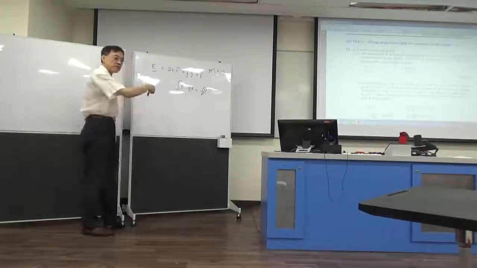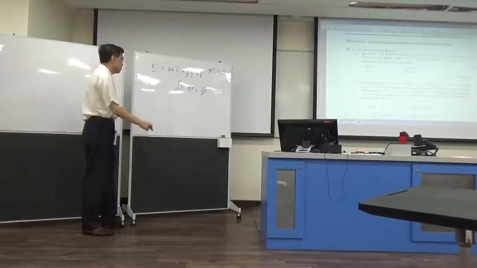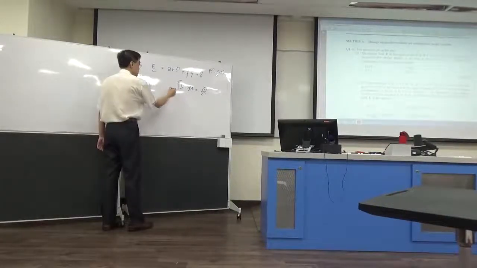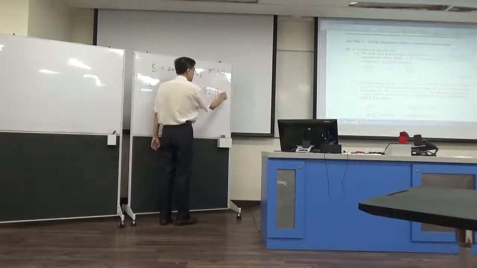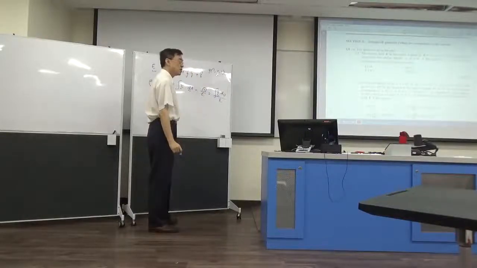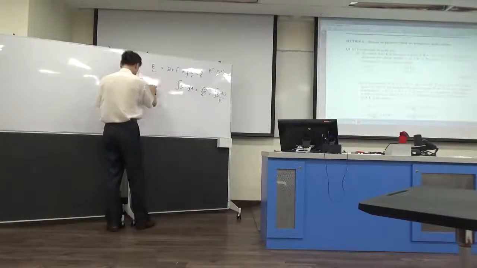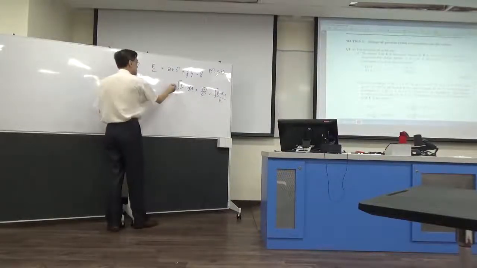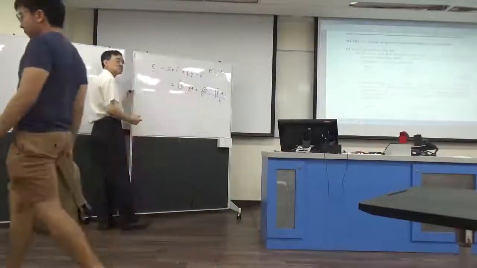Actually, the equations I have derived in class for you already: this side is equal to integral of rho dV over epsilon, and this side, what is this side equal to?